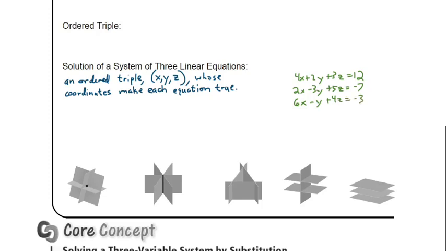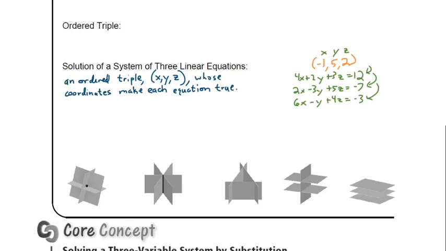The solution to this one would be the ordered triple negative 1, 5, and 2. If I plug in negative 1 for x, 5 for y, and 2 for z, it would work for all three of these equations. So therefore, it is a solution to those three.